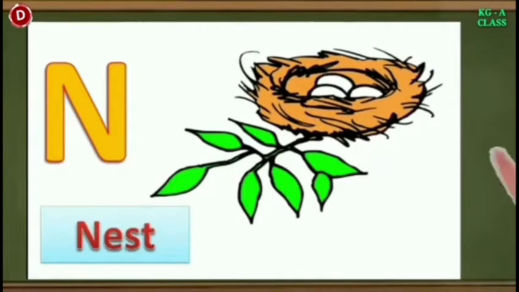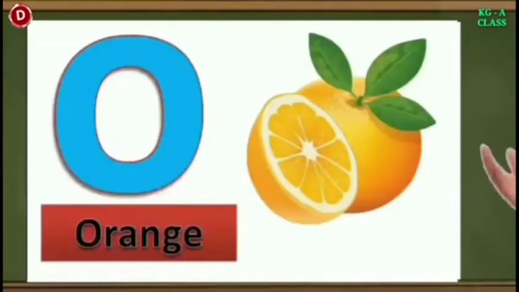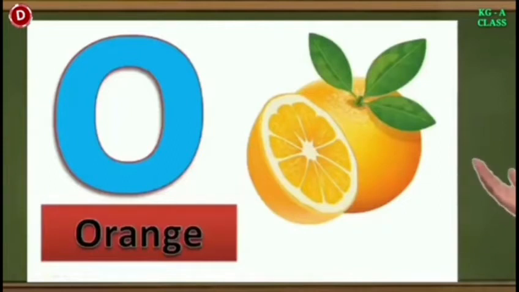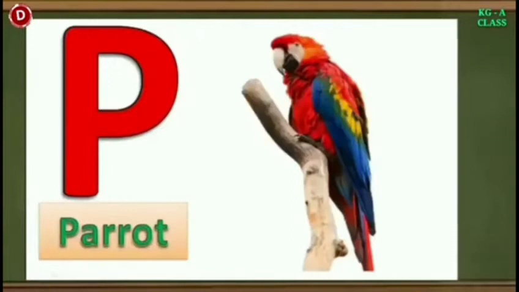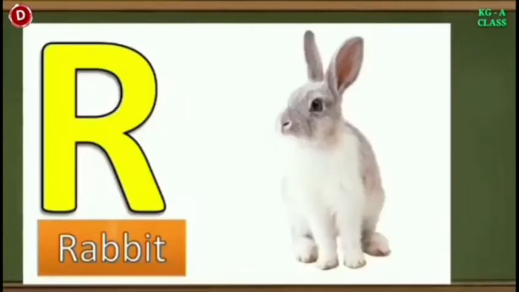N for nest. The bird lives in a nest. Children, this is O. O for orange. Now comes P. P for parrot. Children, the next letter is Q. Q for queen. Now comes R. R for rabbit.